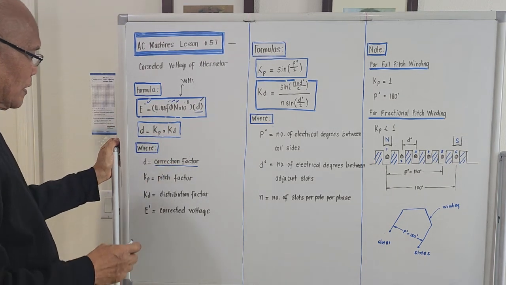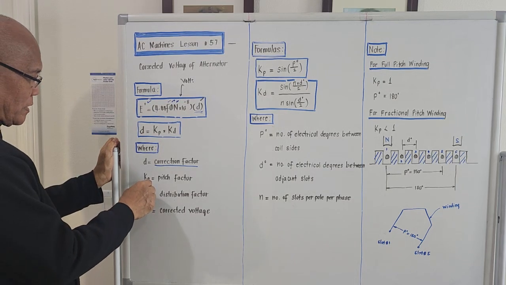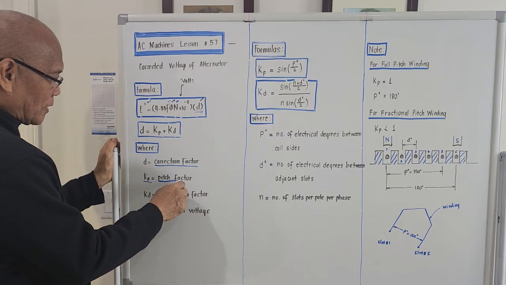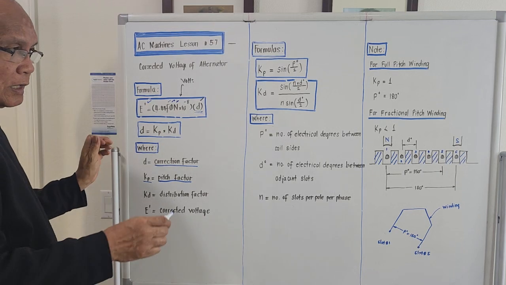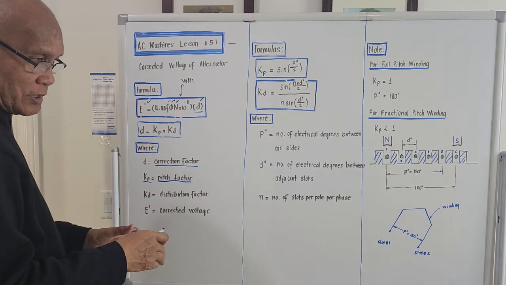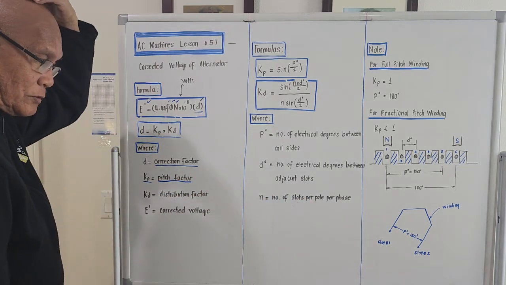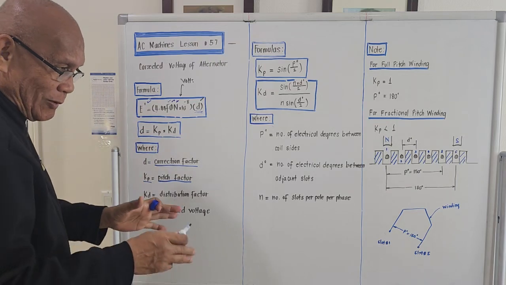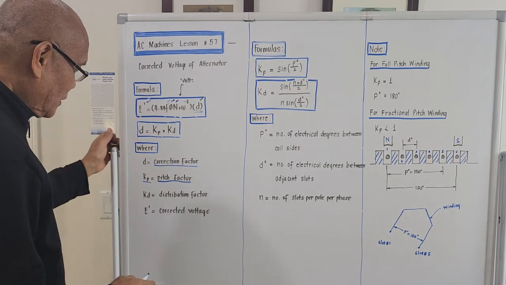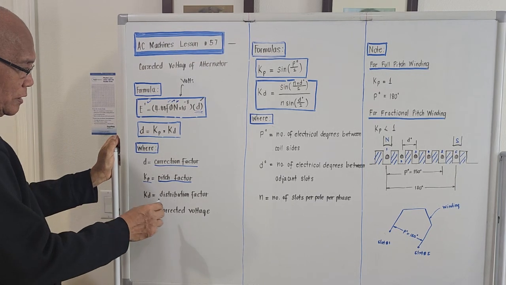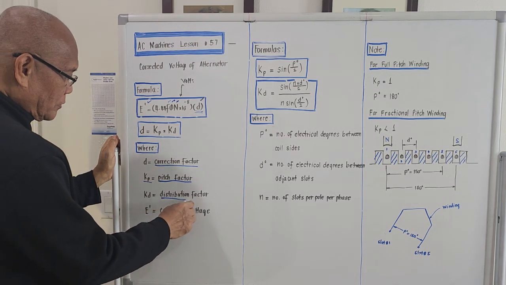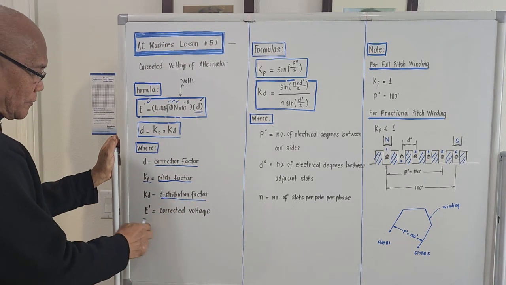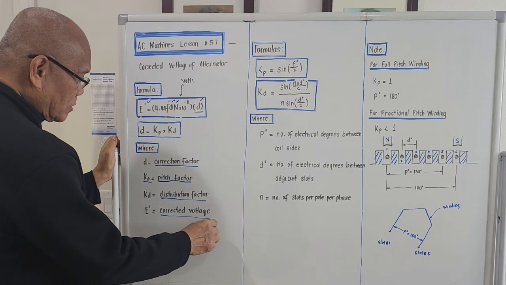The meaning of K sub P is the so-called pitch factor. Later on, I will try to discuss what pitch factor is, but for now, we will just concentrate on the formula. K sub D is the so-called distribution factor, and E prime is the corrected voltage.